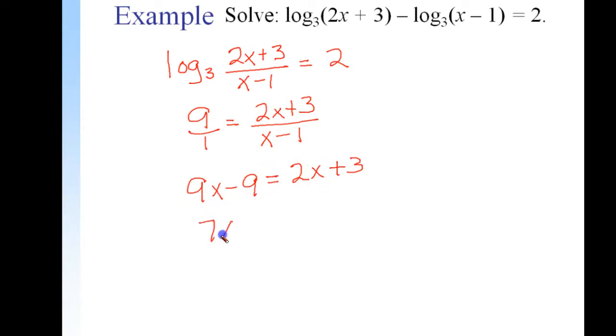Well, this gives me 7x as I subtract 2x from both sides, or transpose. This becomes a positive 12 on the other side when we add the positive 9 and 3, and we get x equals 12 sevenths. And that's our answer.